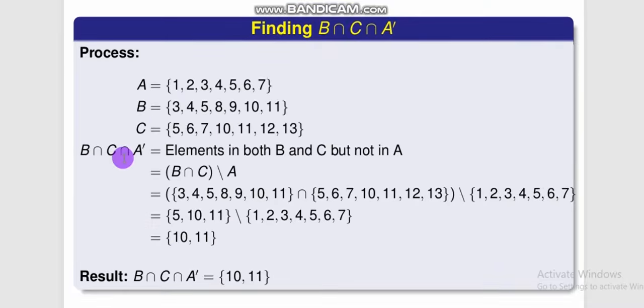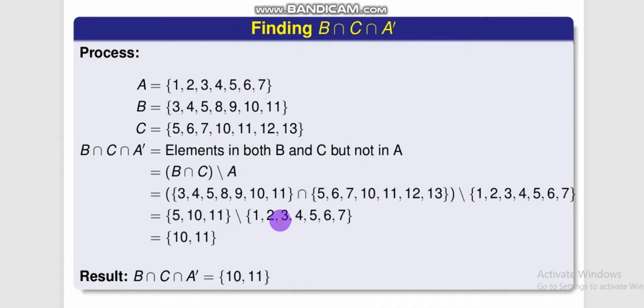You find B intersection C intersection A prime, meaning elements in both B and C but not in A. So this is equal to, you open bracket, B intersection C minus A, right? So you bring set B, and then intersection set C, you bring it, then set minus A, you bring that A there.